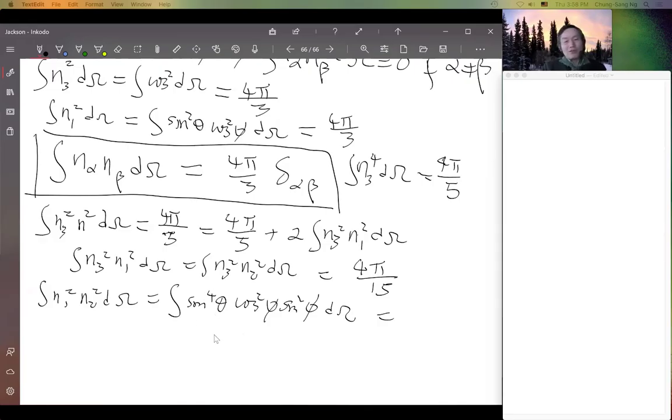So change sine 4 theta to (1 minus cosine square theta) square, the total factor square, and then integrate over d cosine theta, so that you know how to treat this.